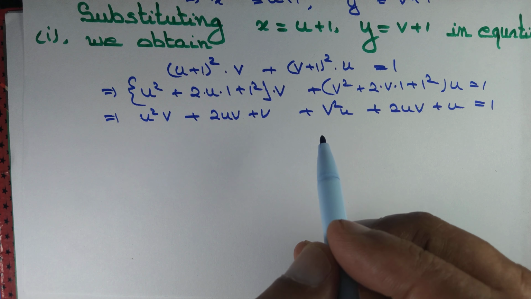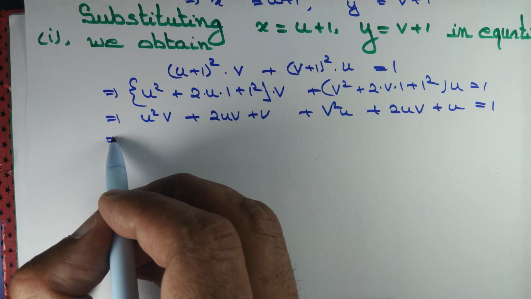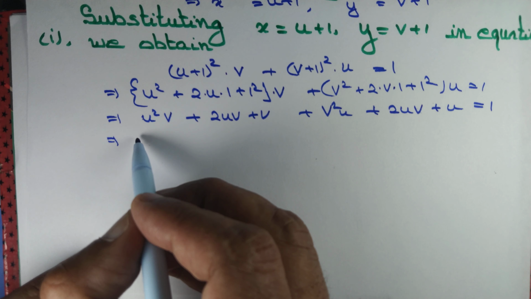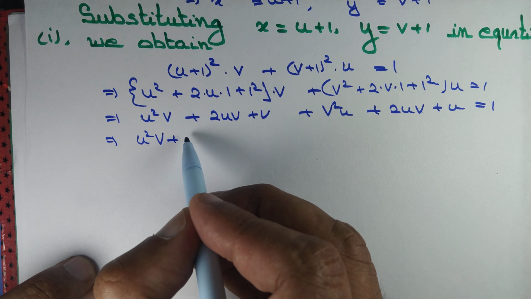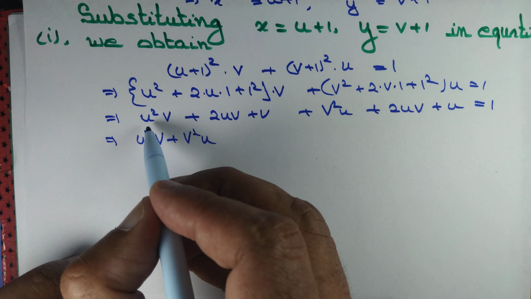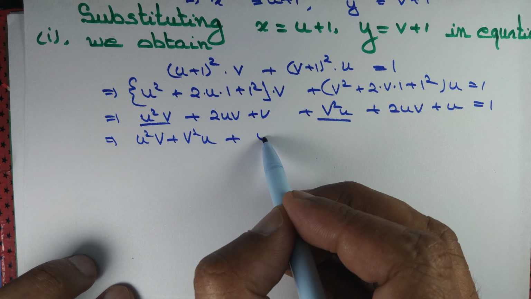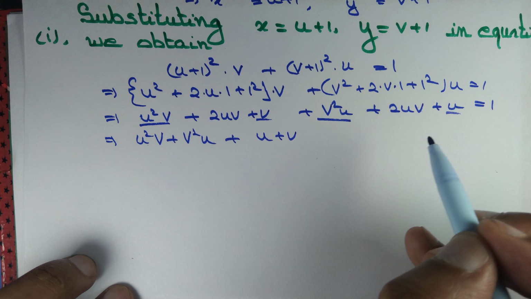Now you see that we can get something like u plus v common. So we write u squared v plus v squared u separately, and then u plus v separately.